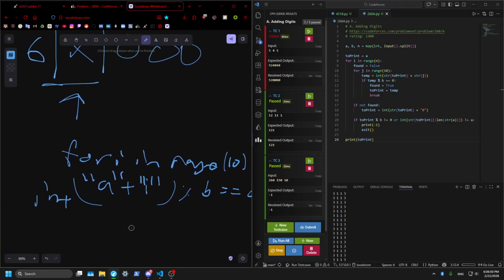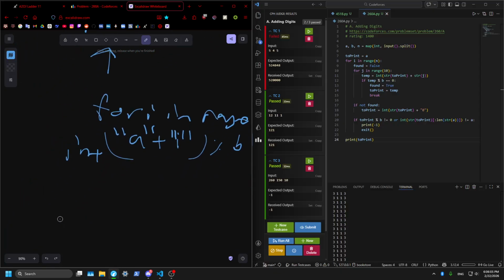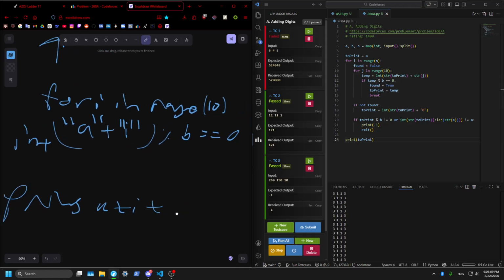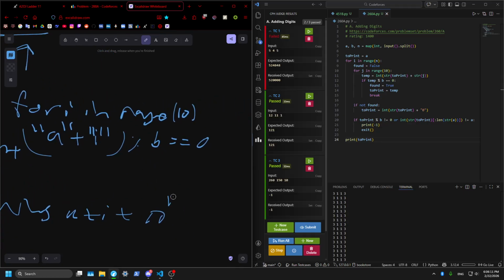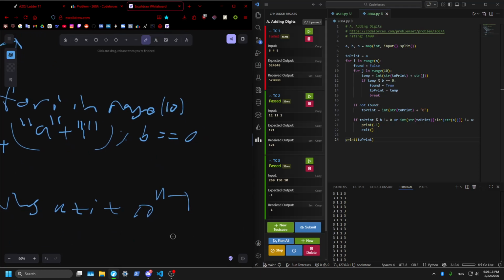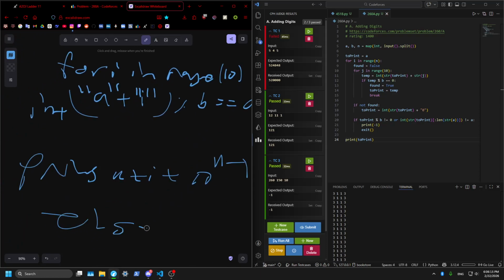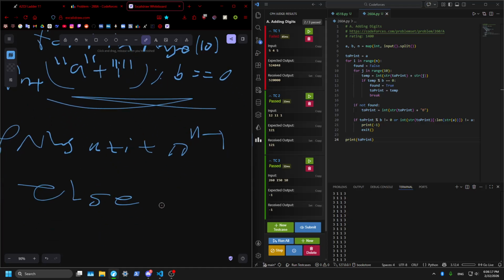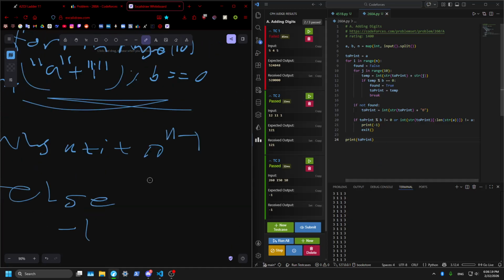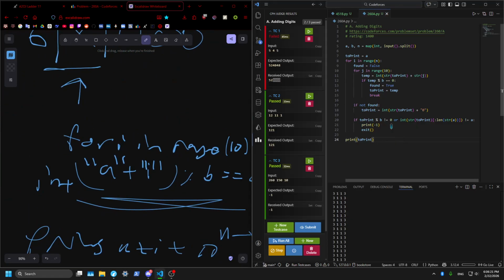If it does, then we print, and that's our answer. Our print would be A plus i plus 10 to the n minus 1. Else, if we never find one of these, print -1. Okay, wait, I might be cooking.